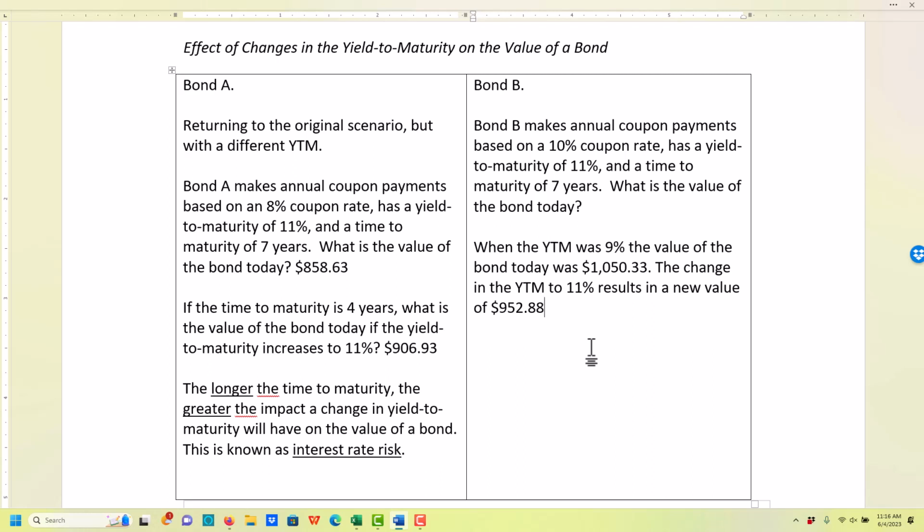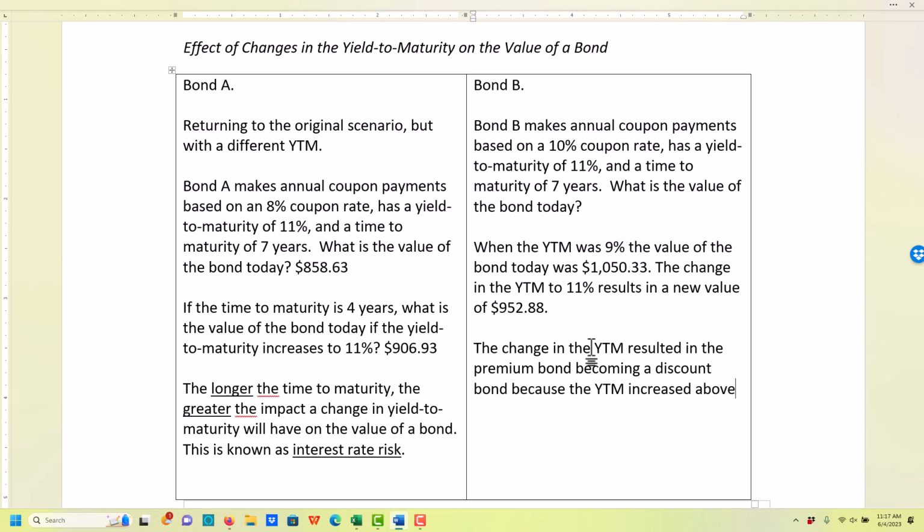What's notable here, though, the change in the yield to maturity resulted in the premium bond becoming a discount bond because the yield to maturity increased above the coupon rate.